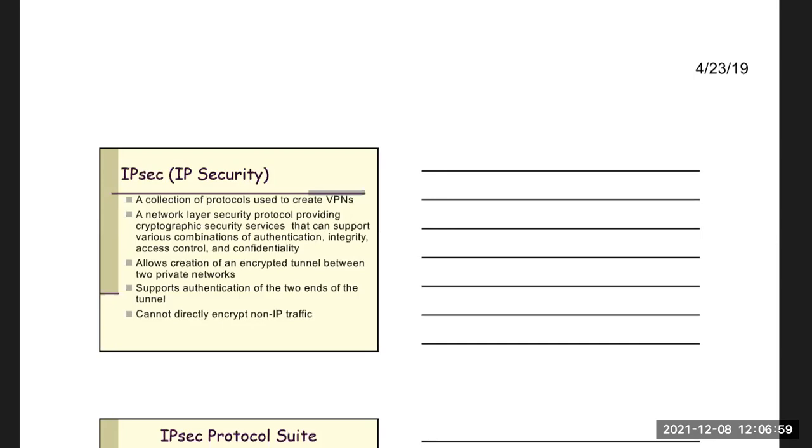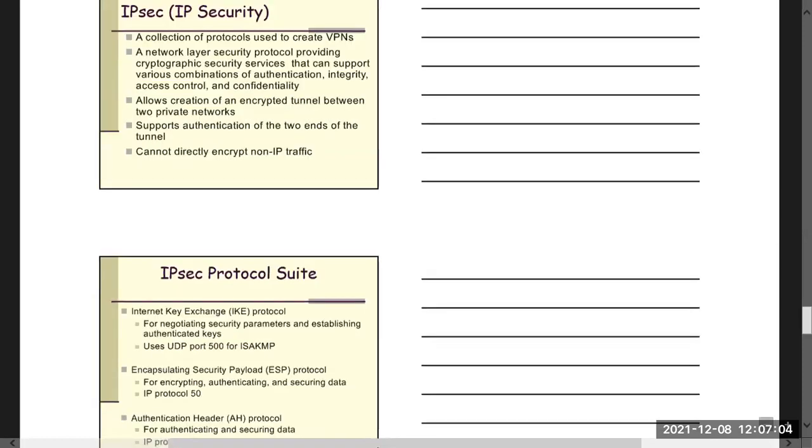So that is why these are the uses of IP security.